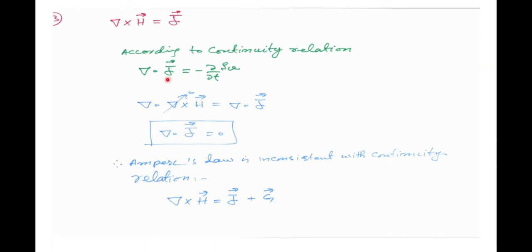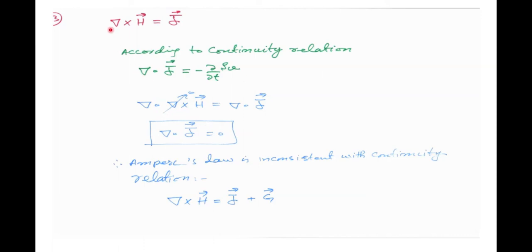The continuity relation is given by del dot J equal to minus partial by partial t of rho v. This is also known as the law of conservation of charge.